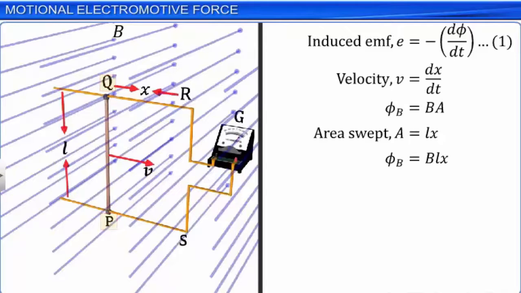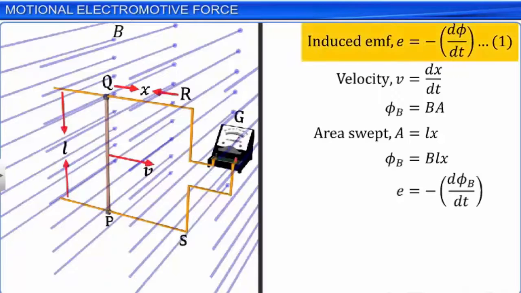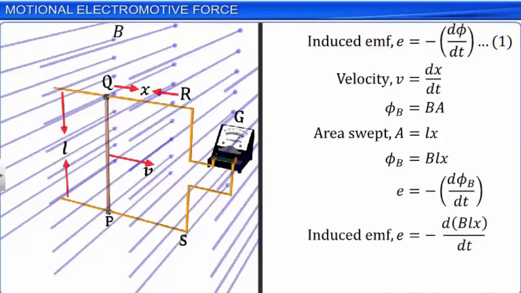This induced EMF, E, is equal to minus d phi B by dt, as given by equation 1. Substituting for phi B, we get E is equal to minus d by dt of BLx. As B and L are constant and only x is the variable, we can write E is equal to minus BL into dx by dt.